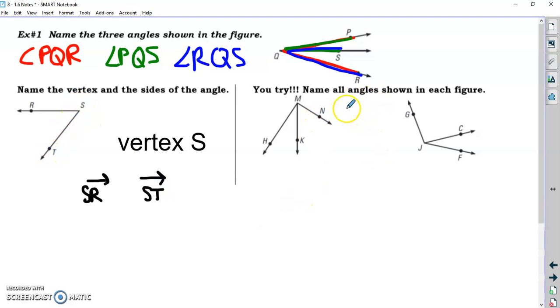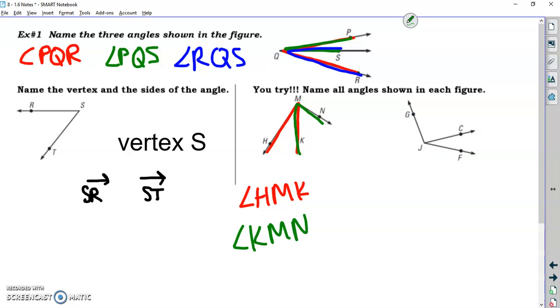Okay, so name all angles shown in each figure. So we have angle HMK. Then we have angle KMN. And the big angle, we have angle HMN.